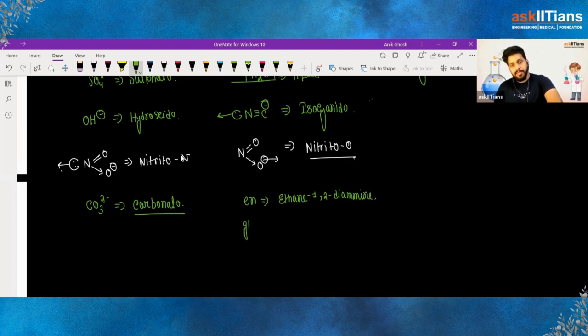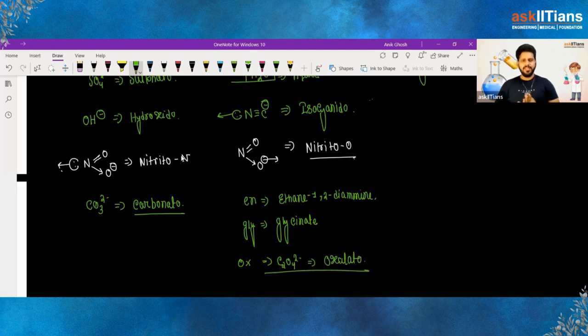GLY. Guys, the glycine molecule had a negative charge if you remember, right? So glycinato. OX, C2O4 2 minus. So oxalate, oxalato. More or less these ones would work.